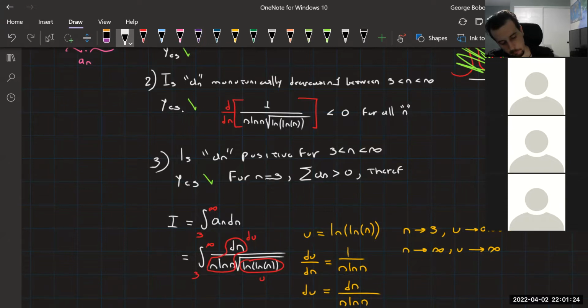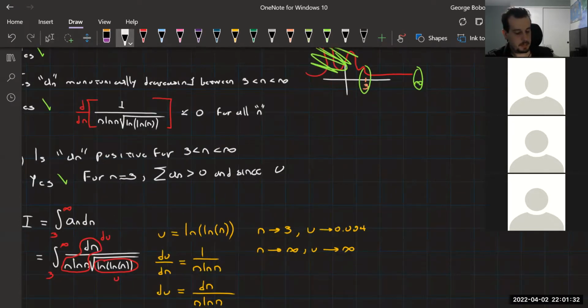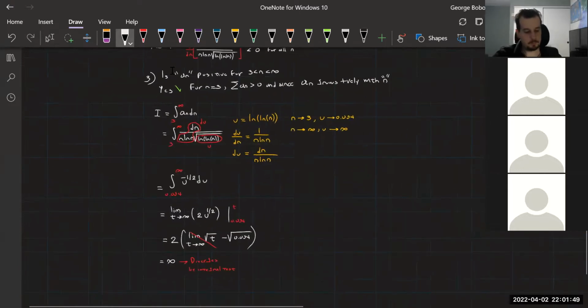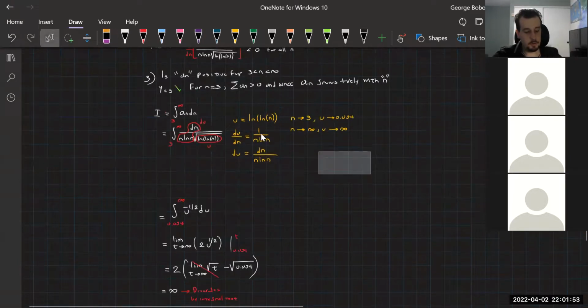Therefore, and since a_n is a function, it grows, I'm going to say here, and since a_n grows positively with n, I have to have a little bit of room to write that.